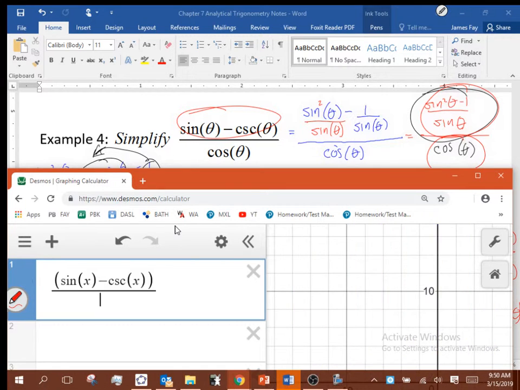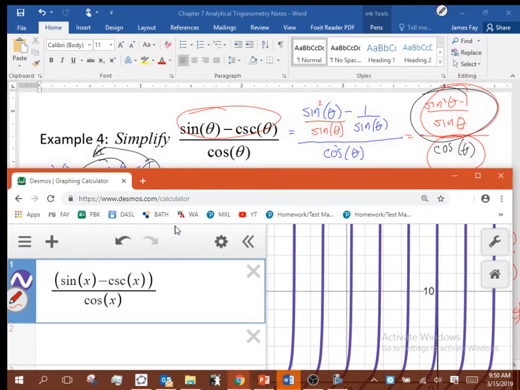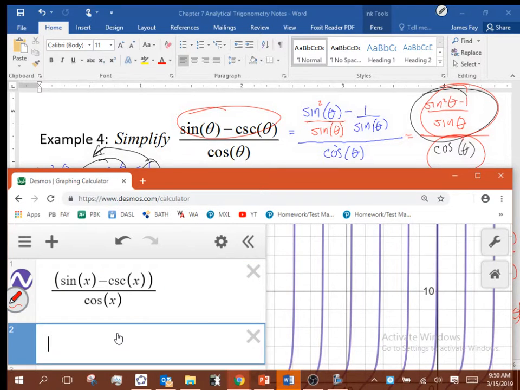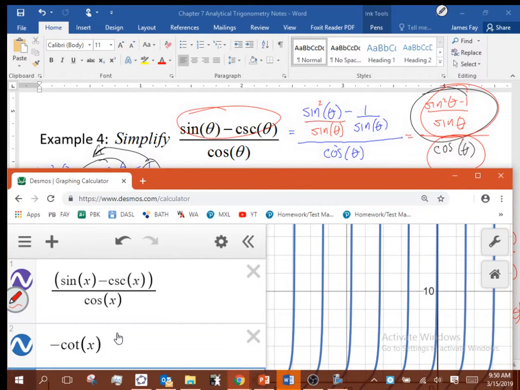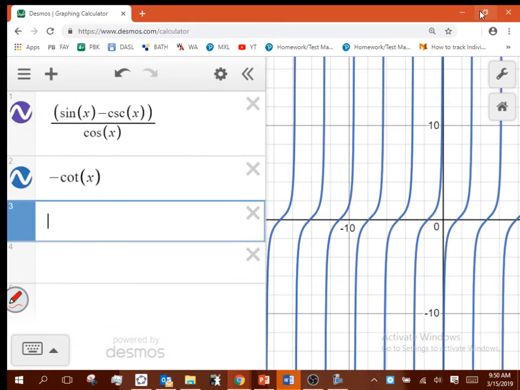If you're going to use your TI-83, does my TI-83 have a cosecant button on it? No. So on my TI-83, I actually type this in as 1 over sine. Does my TI-83 have a cotangent button on it? Nope. So I'd actually have to type this in as negative 1 over tangent. That's kind of a pain in the butt, but it is doable. So are these two things the same?